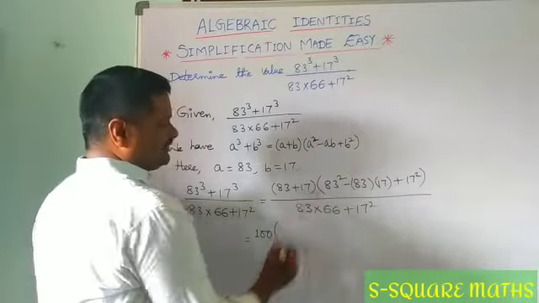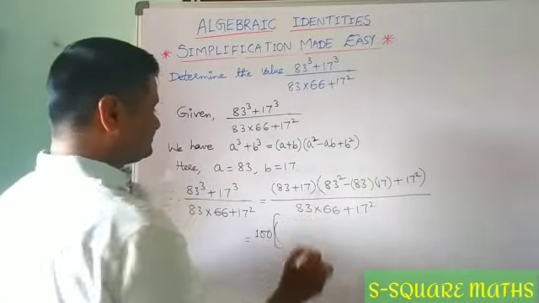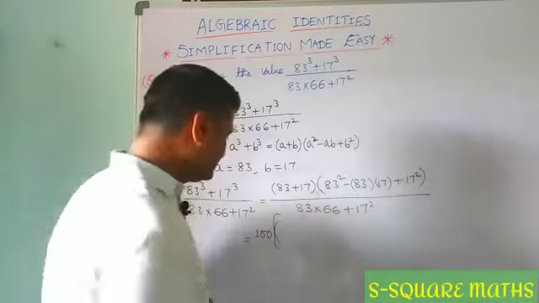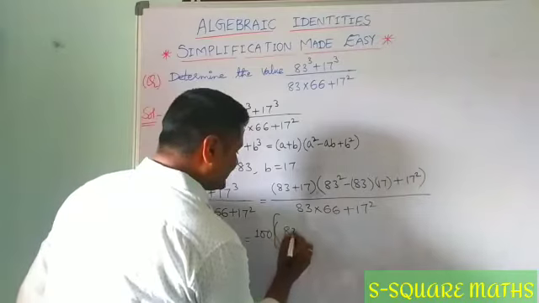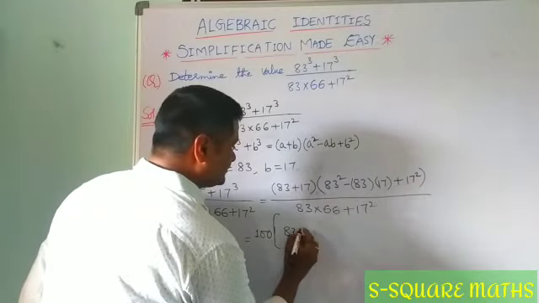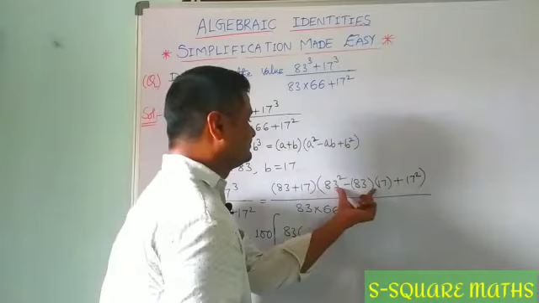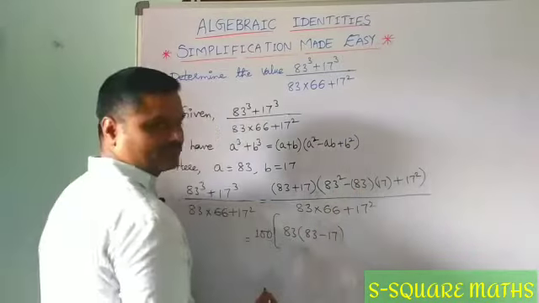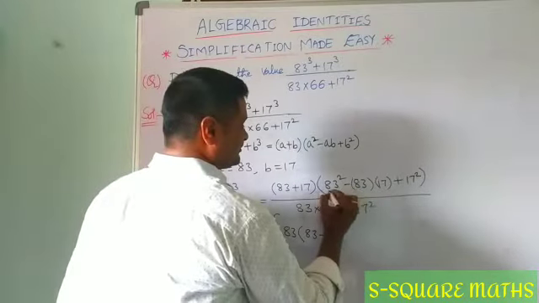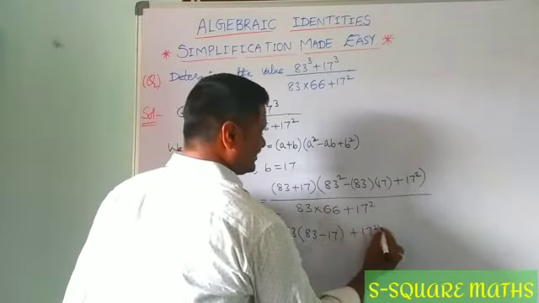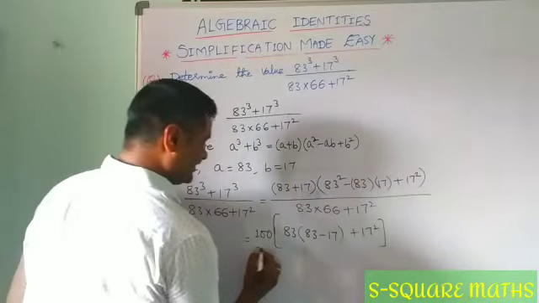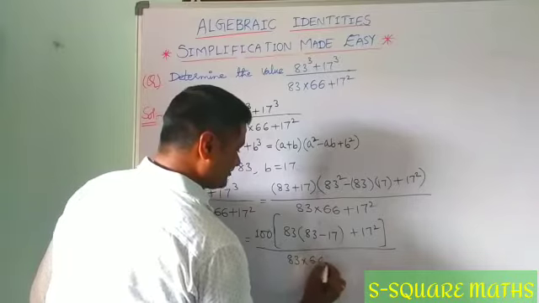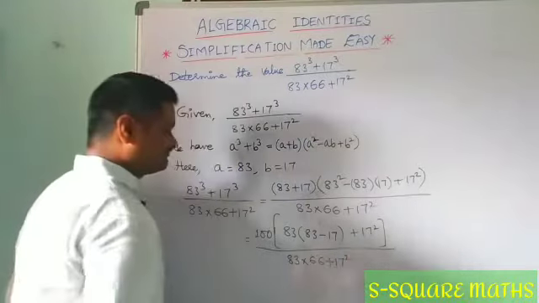Into, if you observe carefully, in these two terms I can take 83 as common, so I can write 83 of what is left over here: 83 minus 17 from these two terms, plus 17 squared, by 83 into 66 plus 17 squared.